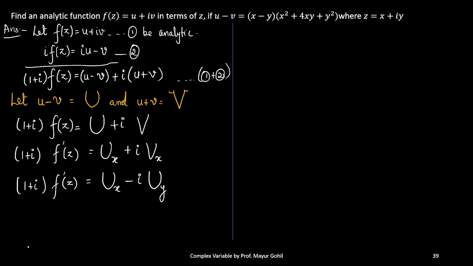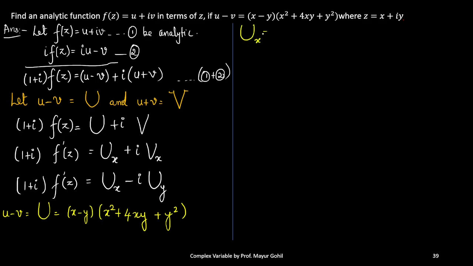So now we write the function: u minus v is equal to capital U, which is equal to (x minus y) times (x square plus 4xy plus y square). Now we calculate the derivatives that we need, the partial derivatives with respect to x and y.